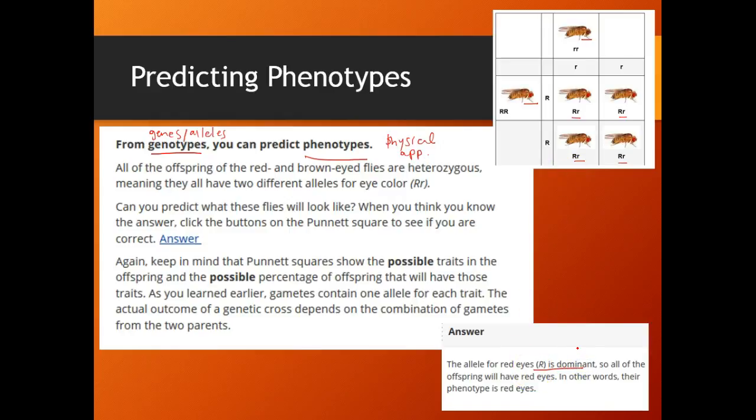So if the big R is dominant, it's going to dominate over the recessive allele. And so what that means is that all of the big R, little r will have red eyes. Okay, so this would be the phenotype, and this would be the genotype. So you can see really simply here how the genotype helps us predict what the phenotype would be.